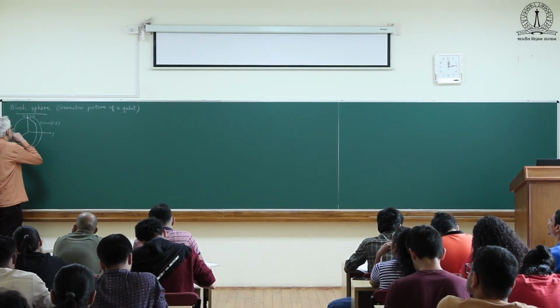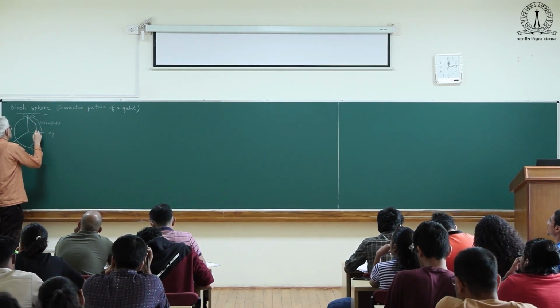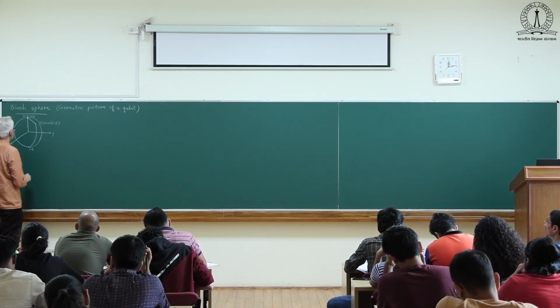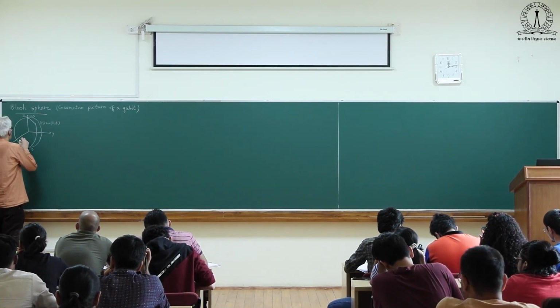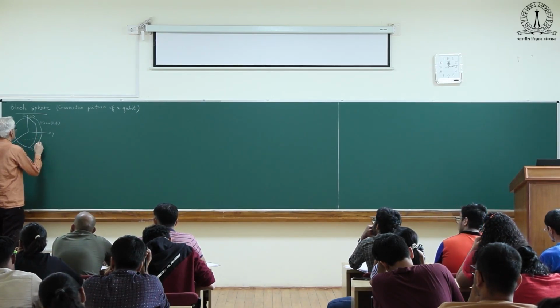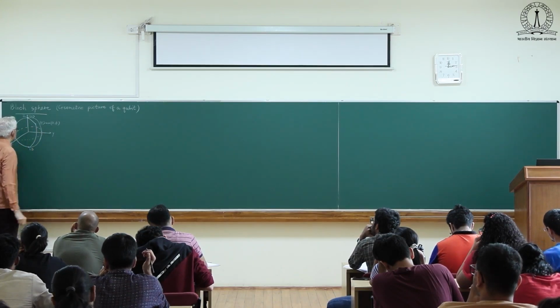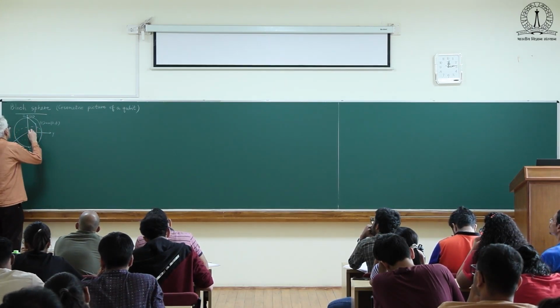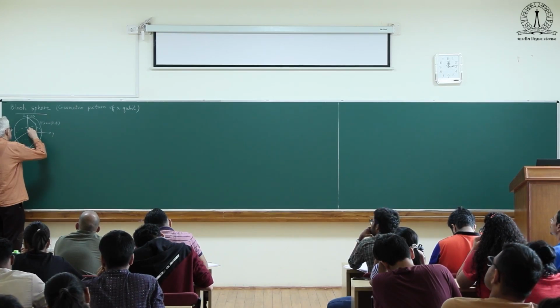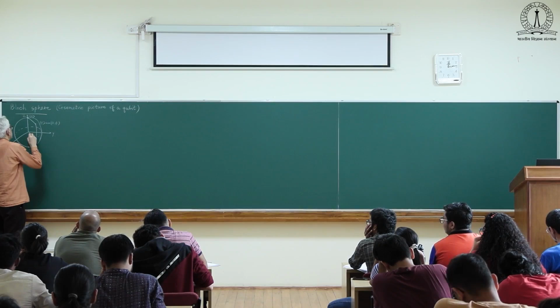And then I have to draw the equator. So let me say the equator will be something like this, and the longitude intersects the equator at this particular point.